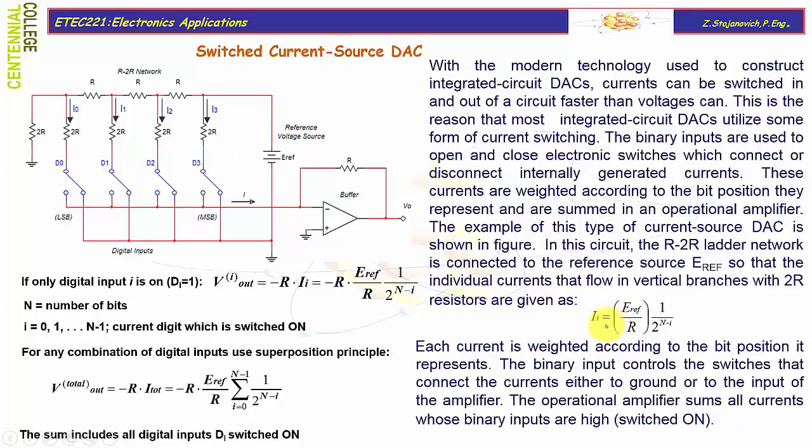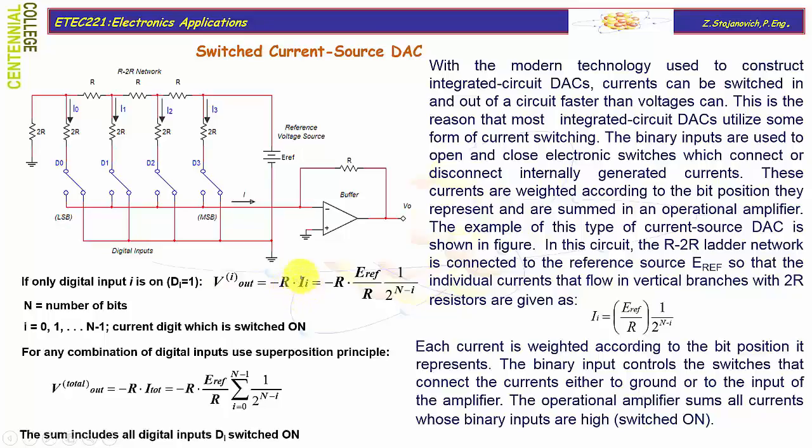According to the expression for the current in each branch, you can find that there is a very simple correlation between them. For instance, I2 will be half of I3, I1 half of I2, and I0 half of I1. When a single bit position I is switched on, then the individual contribution to the output voltage will be negative R times I_i.